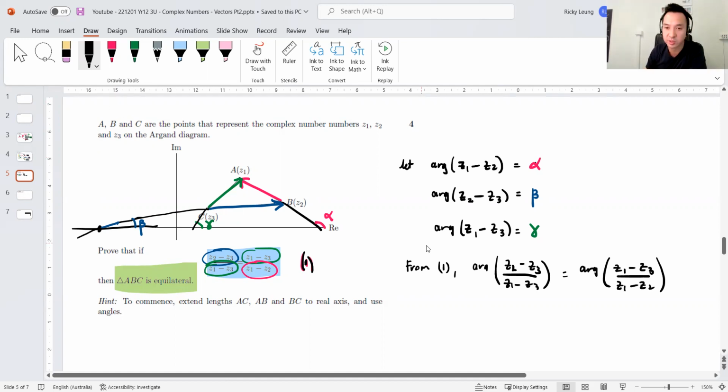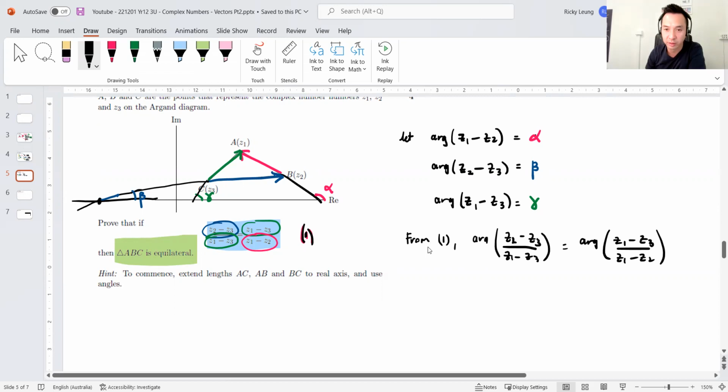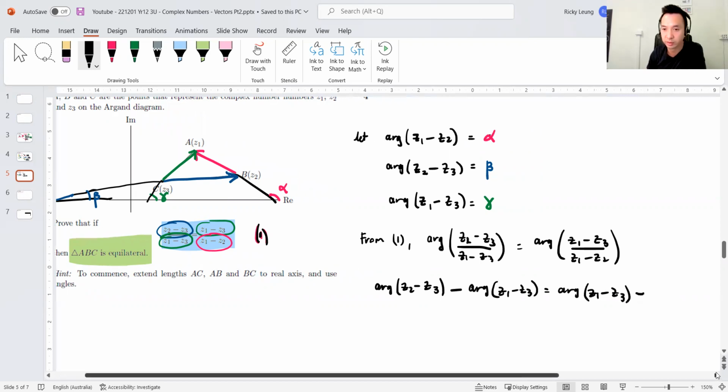When you divide, you can subtract the arguments, and hopefully I'll get a relationship with the Greek letters. Argument of Z2 minus Z3 minus argument of Z1 minus Z3 equals argument of Z1 minus Z3 minus argument of Z1 minus Z2.